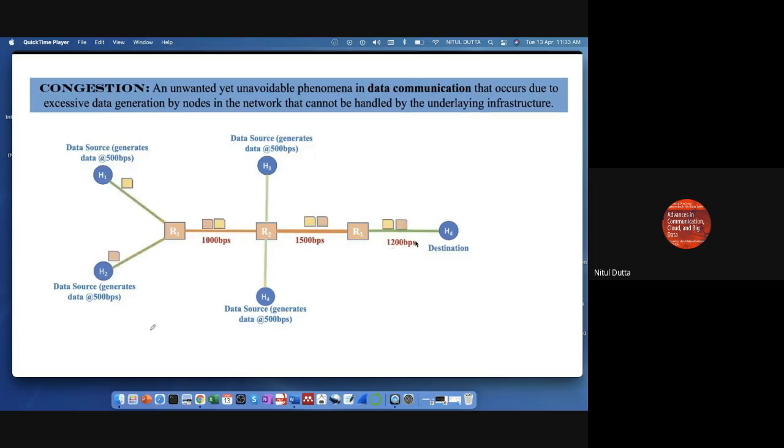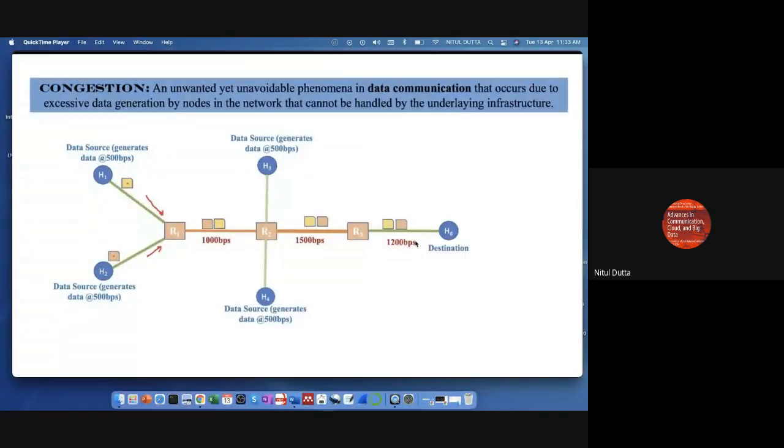Suppose that host 1 has generated one packet, host 2 has also generated another packet, and these two packets flow to this router. We are also considering that the size of each packet is 500 bits.